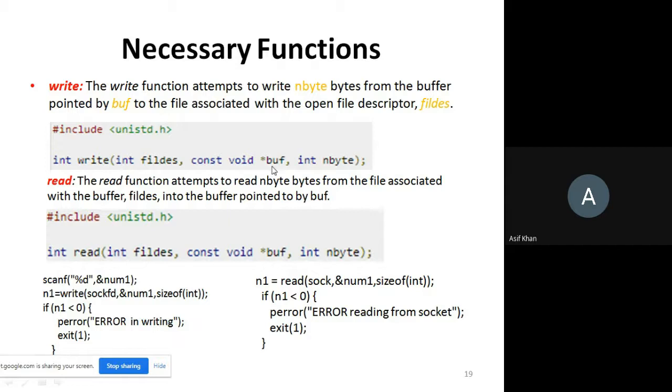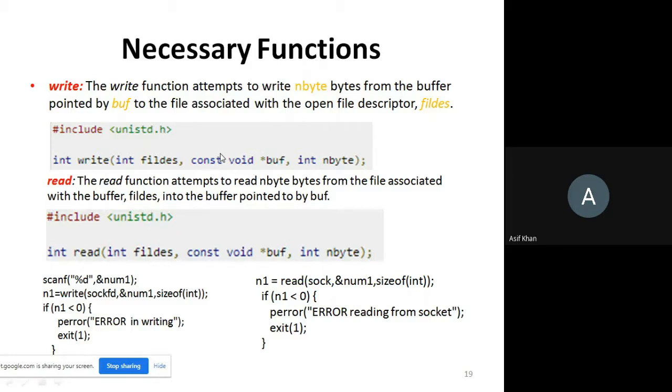Then there is the buffer. This is a pointer of type const void. Whenever you want to write a message to the endpoint, you need to pass the message by this. Suppose you have a character array that contains the message.